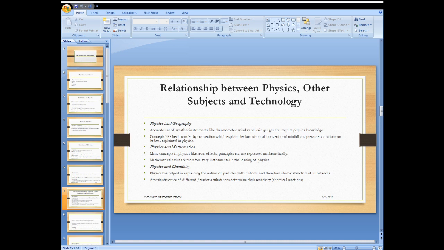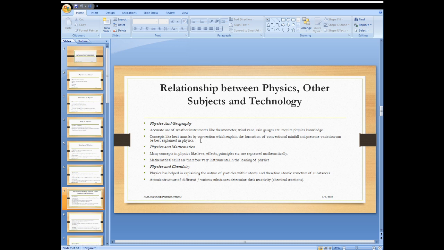Anyway, accurate use of weather instruments like thermometer, wind vane, rain gauge, and any others requires physics knowledge. Before you design a rain gauge, for example, a wind vane, even a thermometer, we require physics knowledge, which you will still see later on. Concepts like heat transfer by convection, which explain the formation of convectional rainfall and pressure variation, can be best explained in physics.